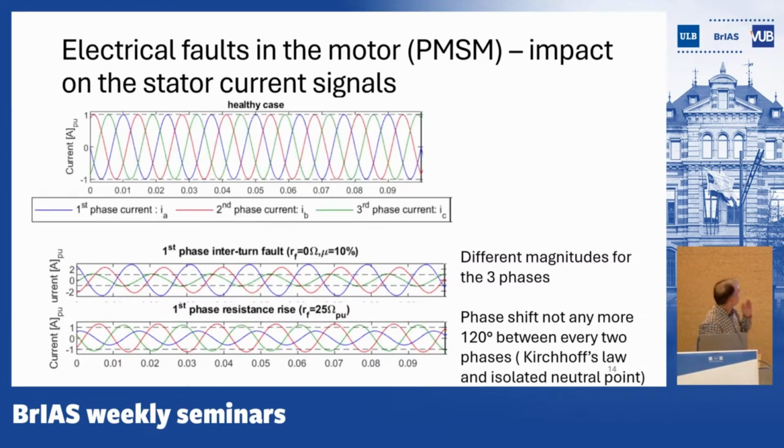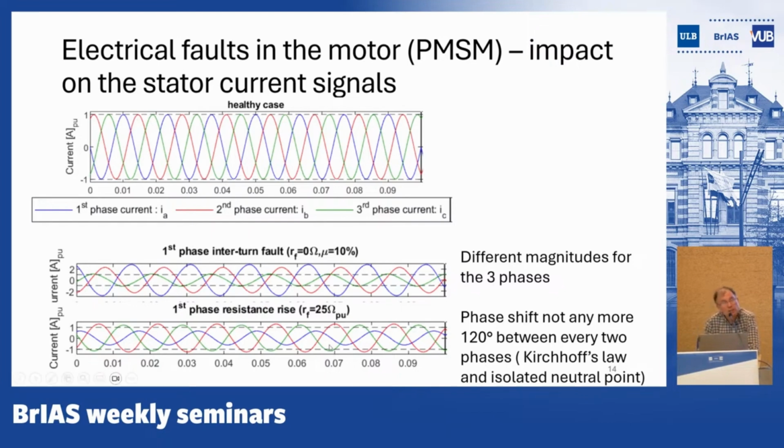So what is the typical pattern of the current within such a machine? Well, in a healthy situation, you have balanced three-phase signals, and that's what you can see here. All currents have the same magnitude, and they are shifted apart by 120 degrees. But when there is a fault, and here I consider especially exaggerated fault levels in such a way that you see the impact of the fault on the signals.